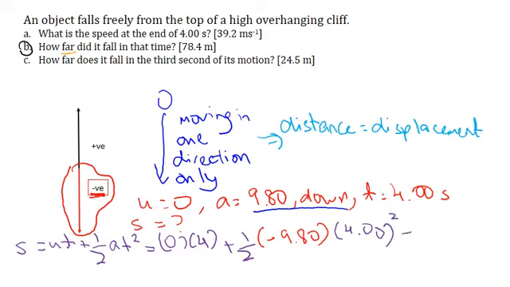Again, if you plug these values into your calculator, you'll get minus 78.4 meters. The minus sign here just indicates that the displacement is downwards, which makes sense because your object is falling from a cliff, so it's moving downwards. But since you're only interested in the distance, we just give 78.4 as our answer.